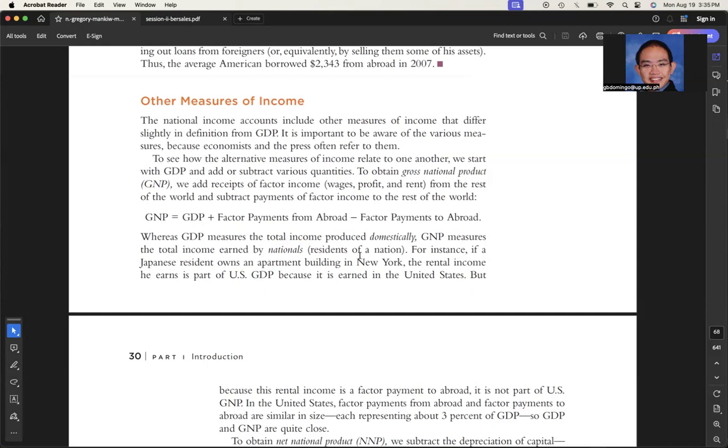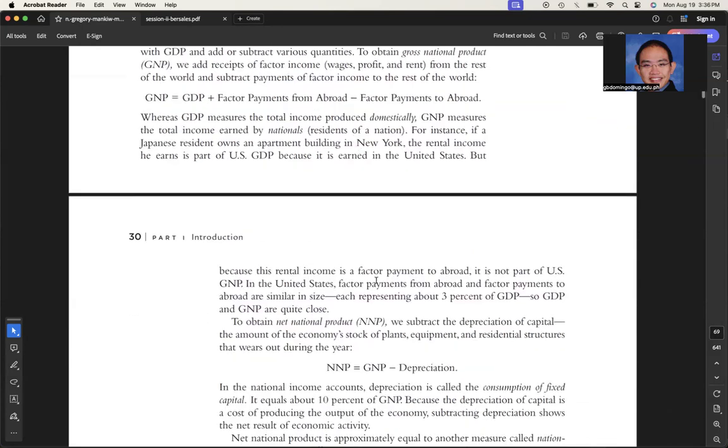An example: if a Japanese resident owns an apartment in New York, the rental income he earns is part of US GDP because it is earned in the United States. But because this rental income is a factor payment abroad, it becomes part of the minus factor payments to abroad. It's not part of US GNP, so you subtract that rent from US GNP.